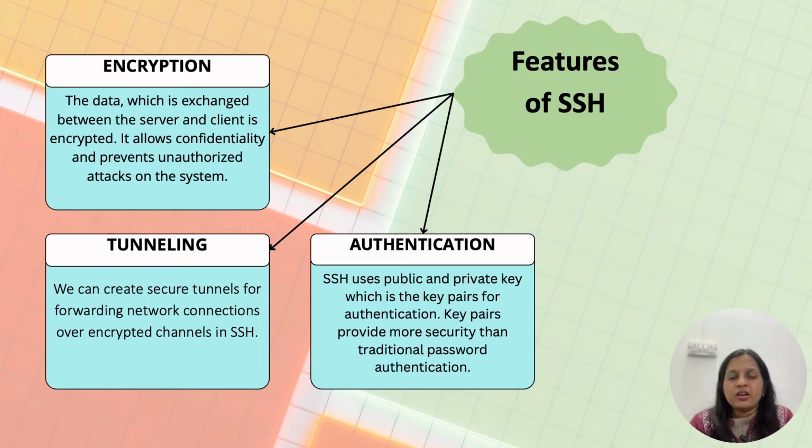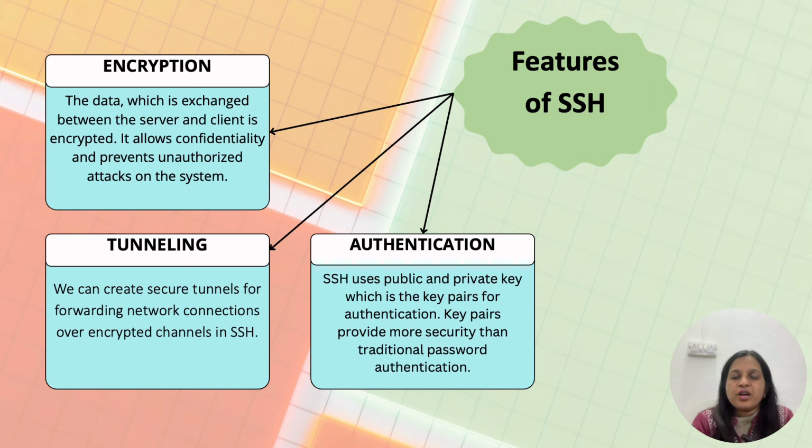There is a secure channel established, and the data can be sent in a very secure manner. And number three is authentication. SSH uses a public and private key pair for authenticating the client, and the public key is on the server and the private key is securely saved with the client.